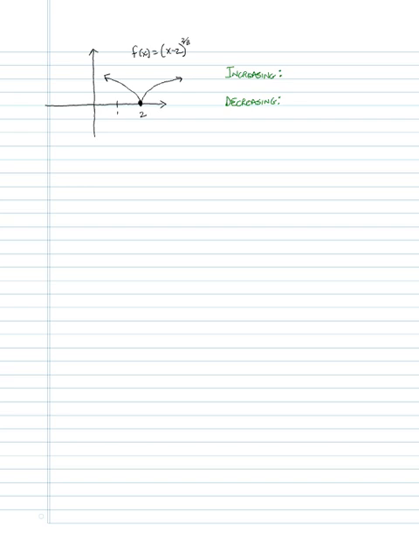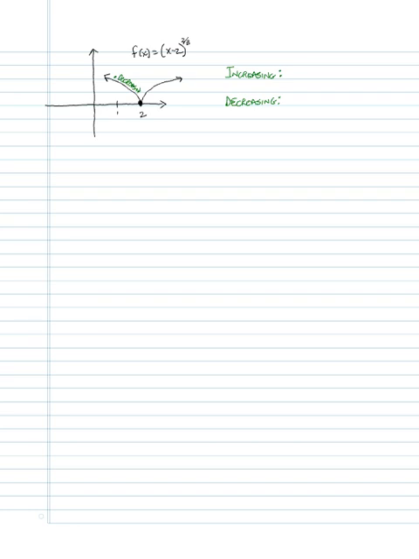Now, we ignore the arrowheads on the graph, and once again we think about a bug on the graph walking to the right. We start out over here, and if we're on the graph over here, then to walk right, we have to walk down. So we would say it's decreasing on this portion of the graph.